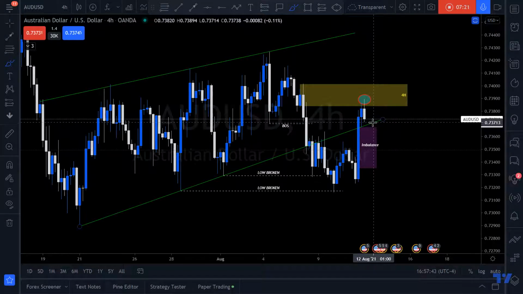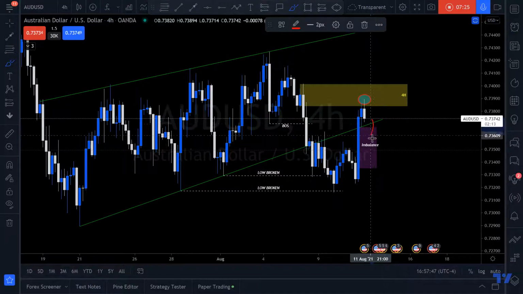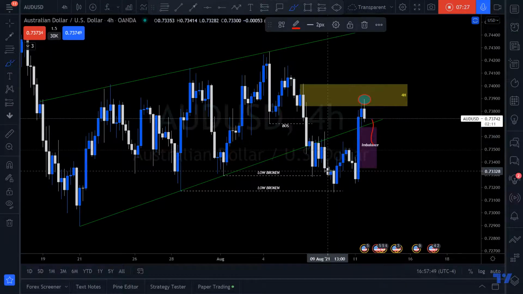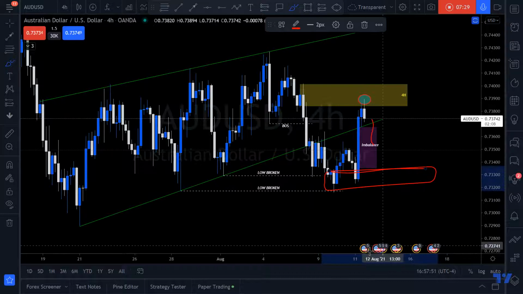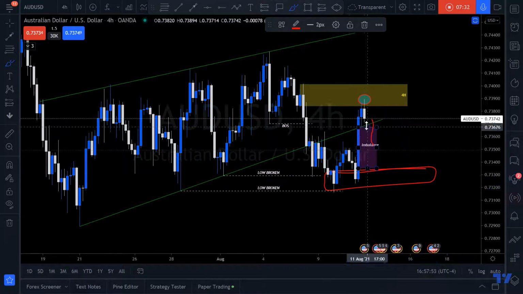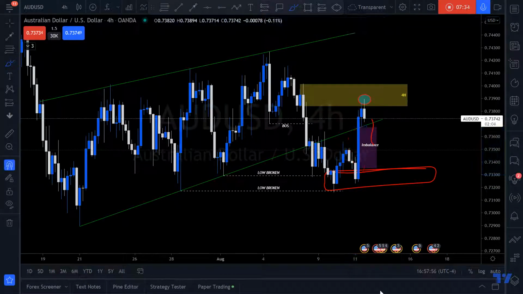We have reasons for price to come back down here. One, there's an order block here to test. Two, there's an imbalance to cover. We've got to correct this move.